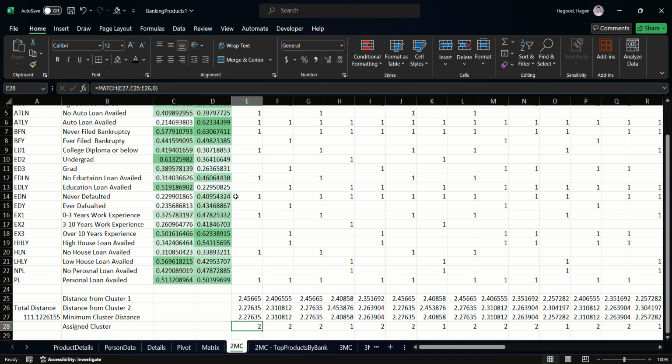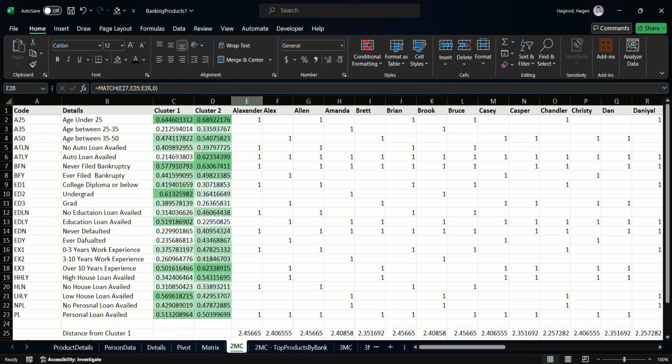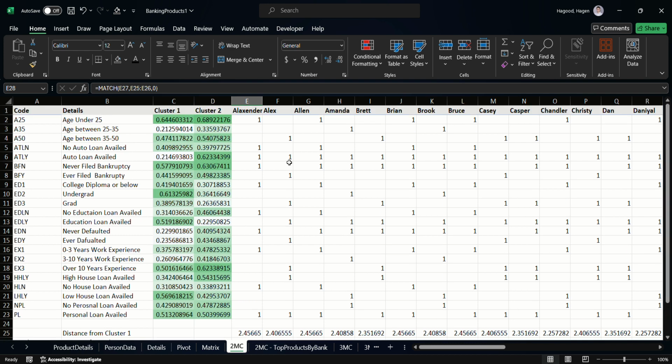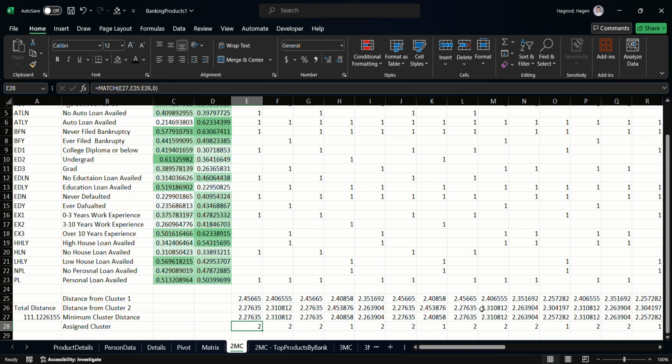I then ran solver and I used the match function which assigned each customer to either cluster 1 or cluster 2. As you can see here, Alexander was assigned to cluster 2.